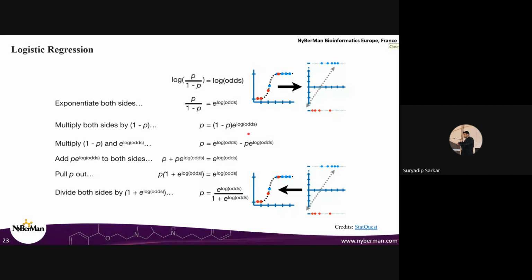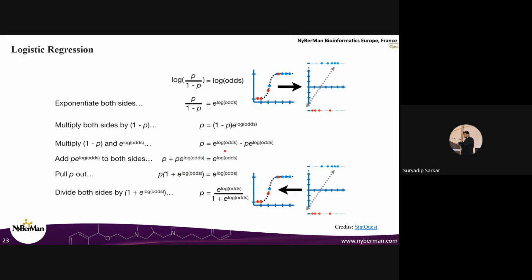Now you can multiply 1 minus p and e to the power of log odds. So you will get e to the power of log odds minus p times e to the power of log odds. Now you can take this back to the LHS: p plus p times e to the power of log of odds is equal to e to the power of log of odds.